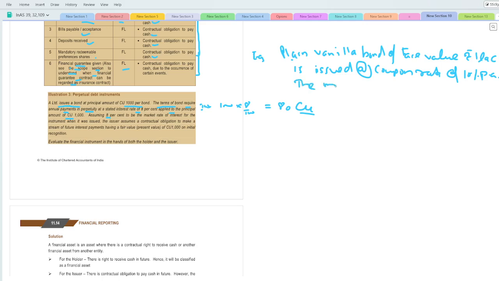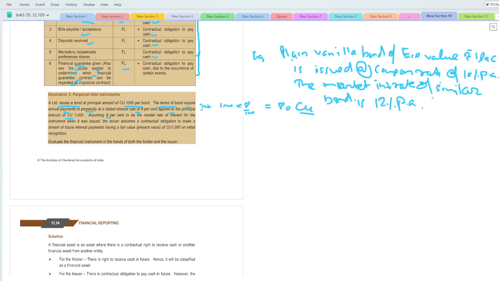The market interest rate of a similar bond is say 12% per annum.